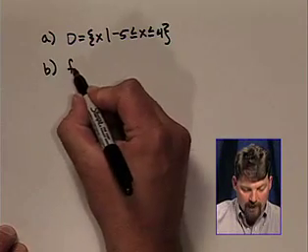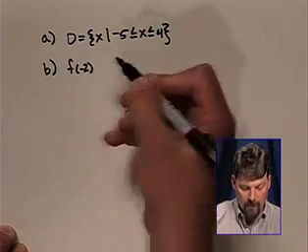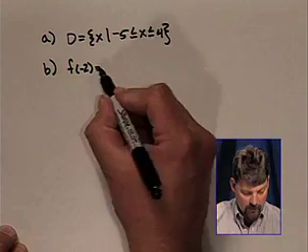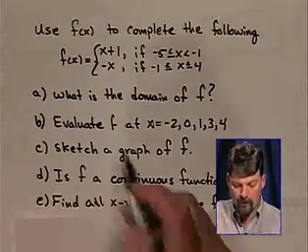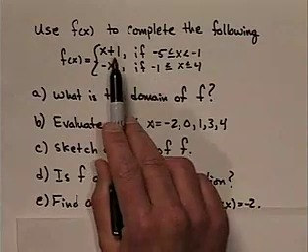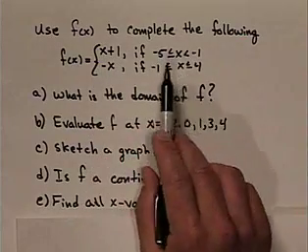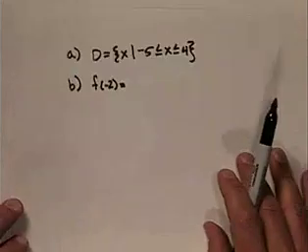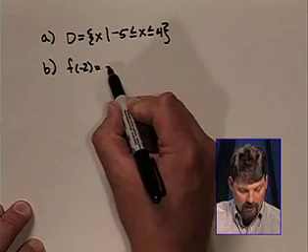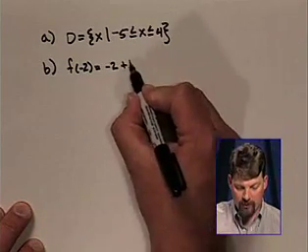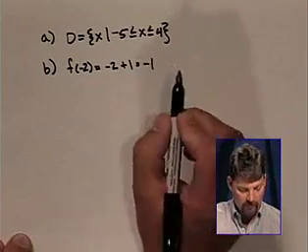So for f of -2, we have to remember what the function was. I'll go back and look real quick: the function's equal to x plus 1 when x is equal to -2. And so here f of -2 would be -2 plus 1, or -1.